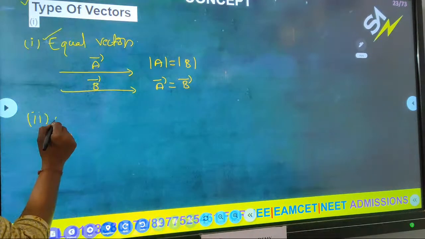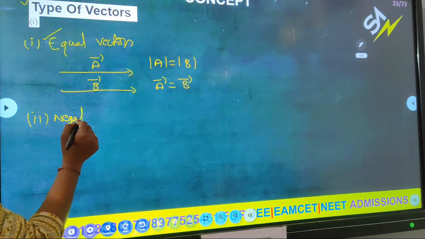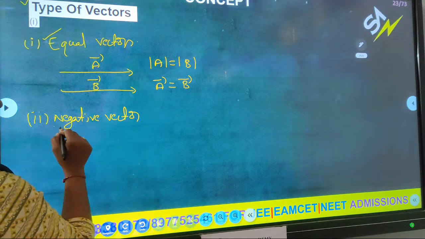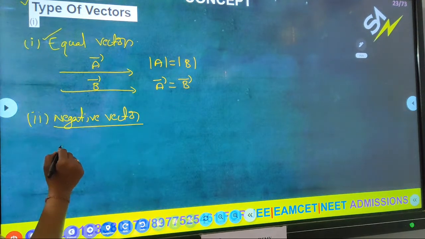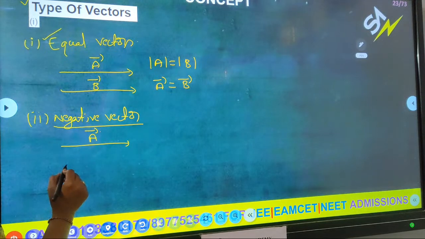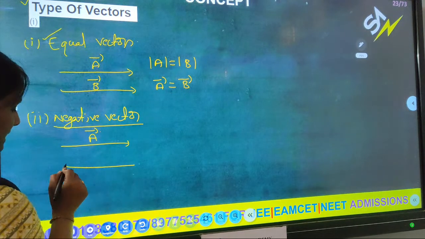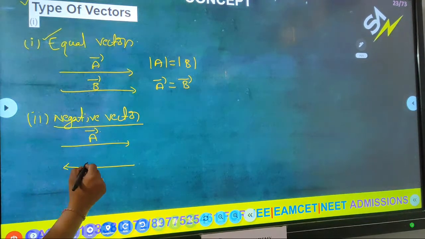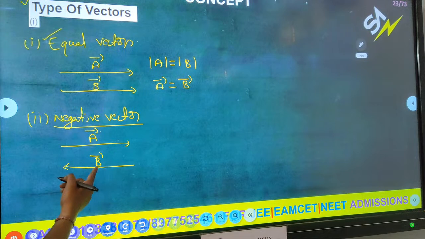And next, negative vector. We are given with a vector A bar, and negative of this vector is which is in opposite direction with the same magnitude. So let us say B bar.